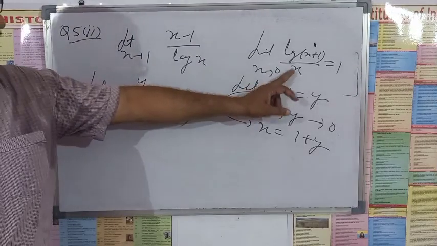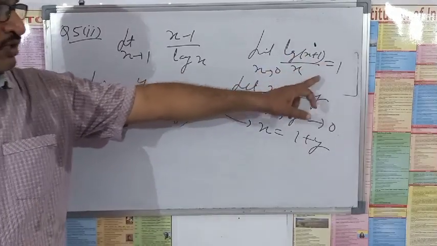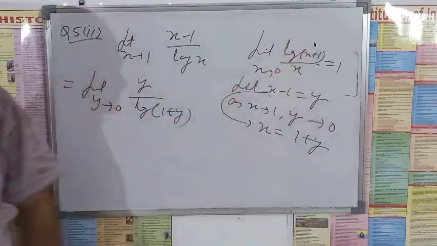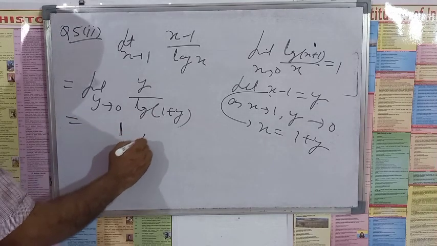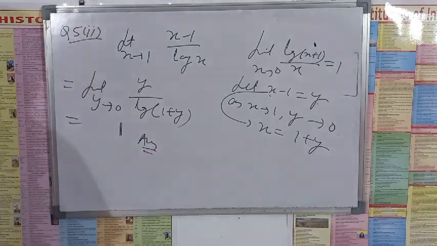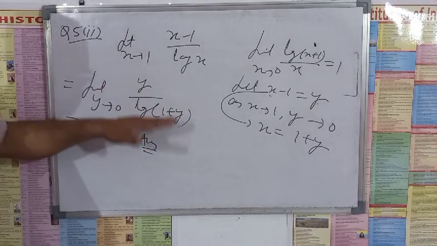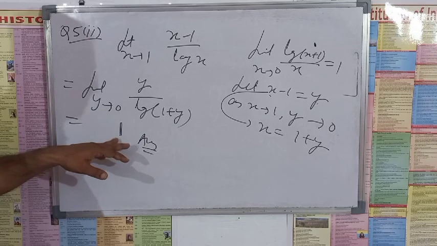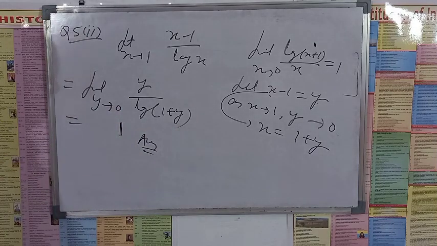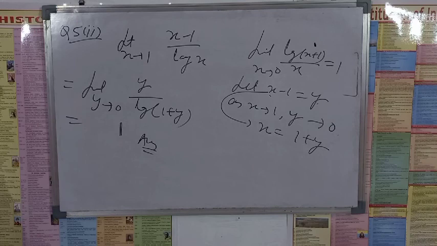Use this result: log x plus 1 upon x is equal to 1, or x upon log x plus 1, both will be 1. So what is its limit? Its limit will be log 1 plus y upon y or y upon log 1 plus y. Both have same limit. So it was question number 5, second part.